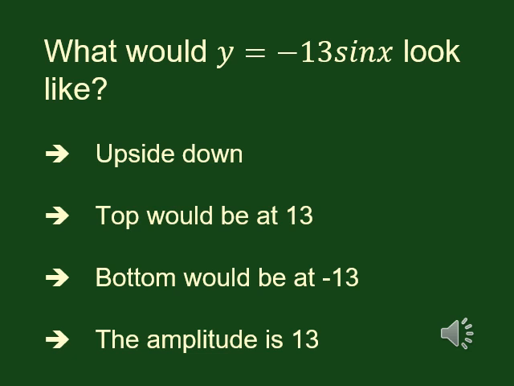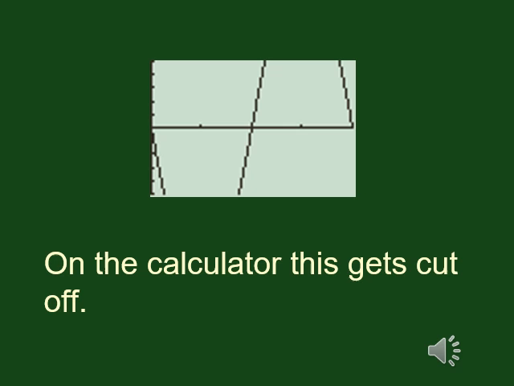And the top's going to be at 13, the bottom at -13, which means I have an amplitude of 13. If you try this on a graphing calculator, it really doesn't look too good. That's because the calculator right now is only counting up to 5 and down to -5, but the graph goes all the way up to 13.